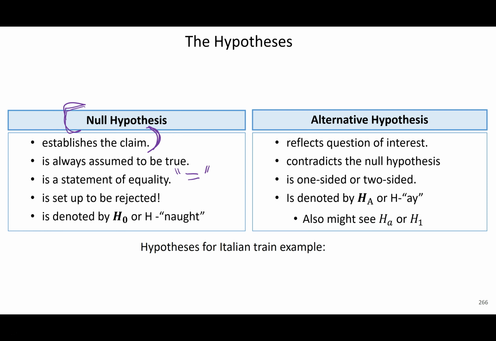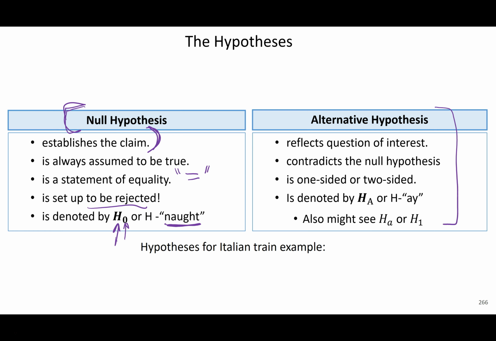As far as this class goes, we will always have an equal sign. We're setting it up hoping that we can reject it. It's usually what we don't want to be true. And we denote it H sub 0, or H-naught. Naught means nothing, so 0, it's the default.